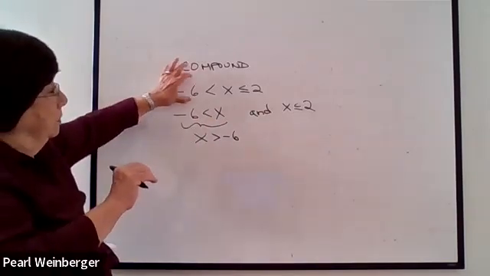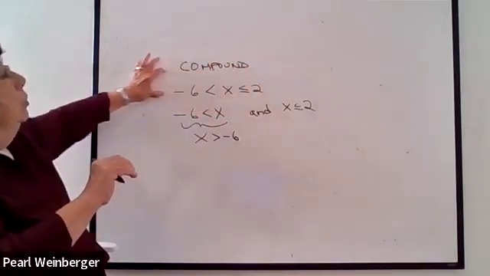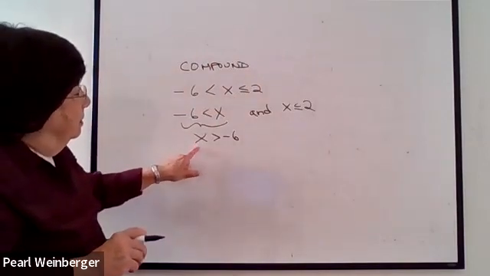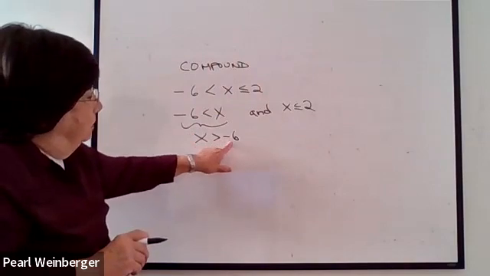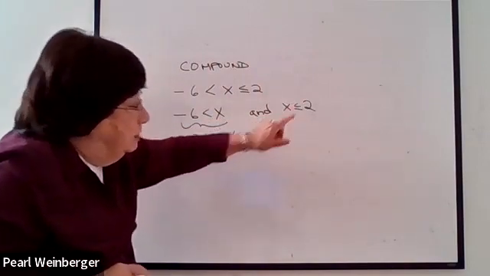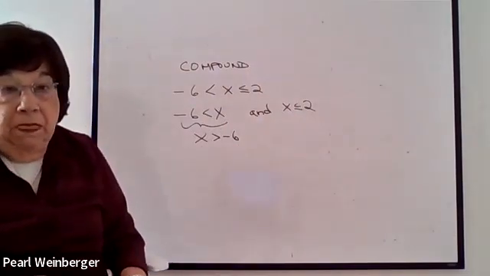So basically what this compound or double inequality is saying is that we have an x that's greater than -6, and at the same time, it's less than or equal to 2.